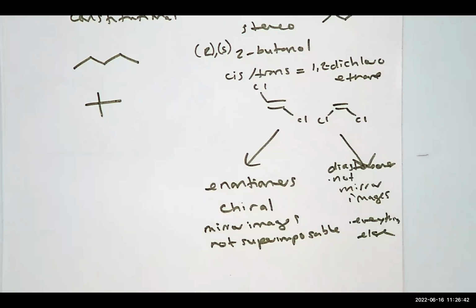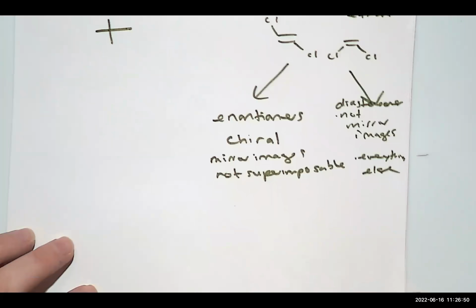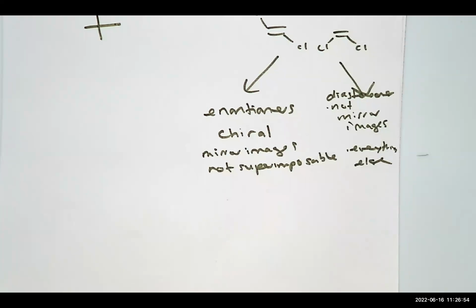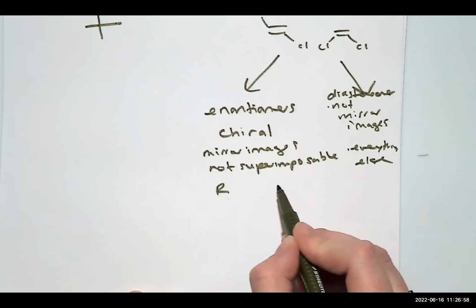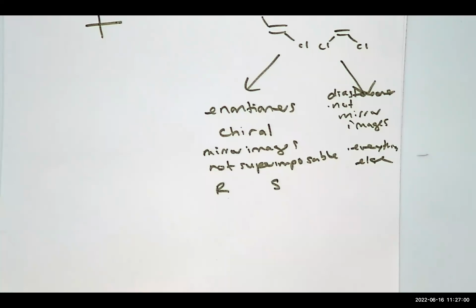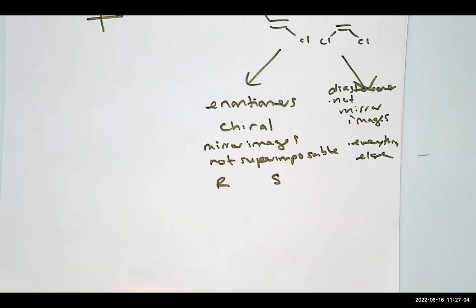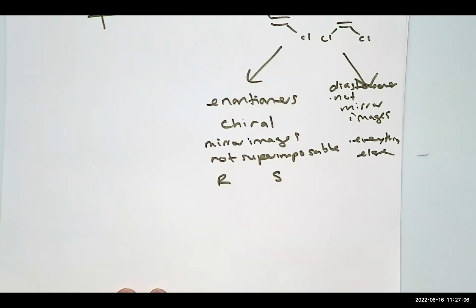Did I forget anything? Oh, we also learned something else yesterday. Something big. R and S configuration. What is R and S configuration? Well, I'll start with where do you use it? On enantiomers or diastereomers? So far, we've only used it on enantiomers, although sometimes you can use it on diastereomers. So far, we haven't. Okay, R and S configuration, and what are they?